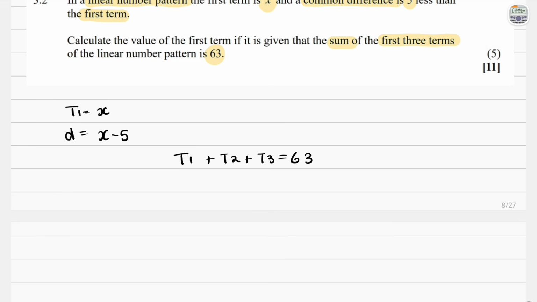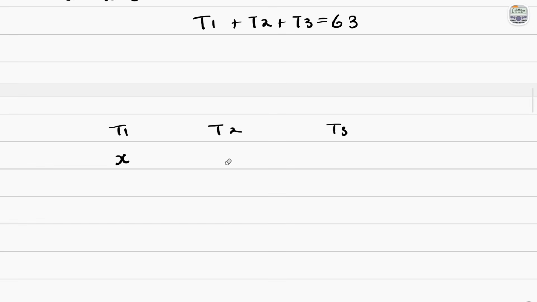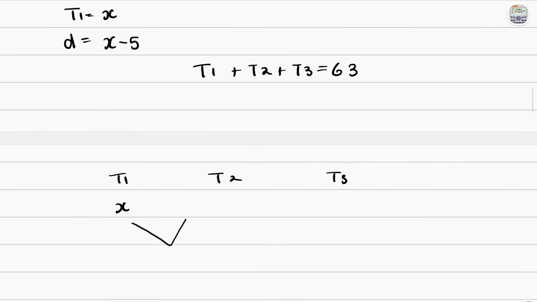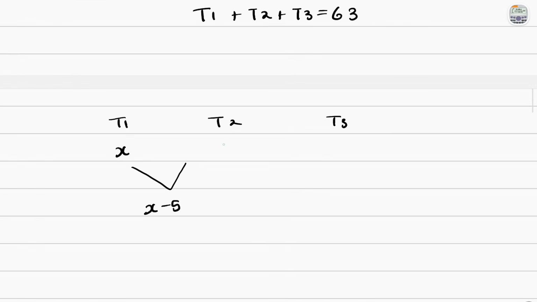We know term 1 is x. How do you get the next term? You say first term plus that difference, which we know is x minus 5. So x plus x minus 5 gives the second term, 2x minus 5. Then the third term would be this plus x minus 5, which is 3x minus 10.